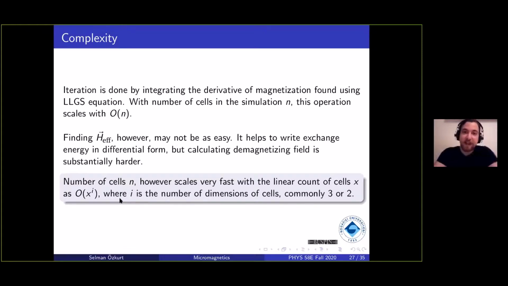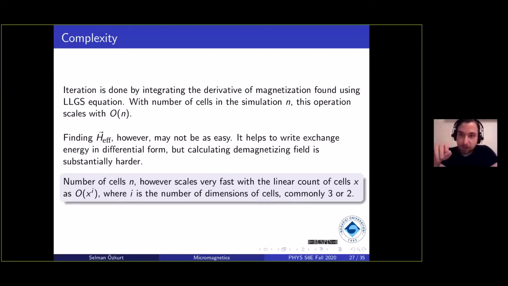But this number scales in a really bad manner with respect to the size of the problem, because it's proportional to the volume of the material being investigated. But other operations, like iterating through the LLGS equation or finding the exchange interaction, involve just an addition or a derivation, for which the finite difference method is used.